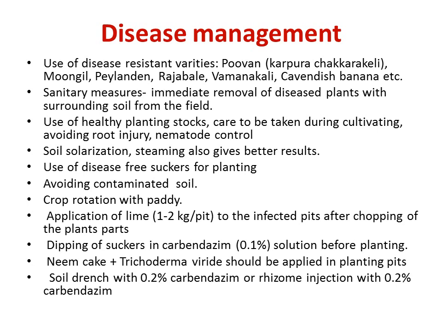Also soil drench with 0.2% carbendazim, or rhizome or sucker injection with 0.2% carbendazim, also gives very good results. These are some of the methods to control this Panama wilt.